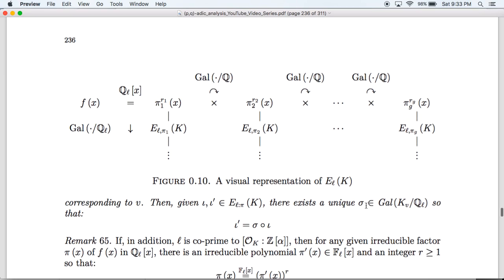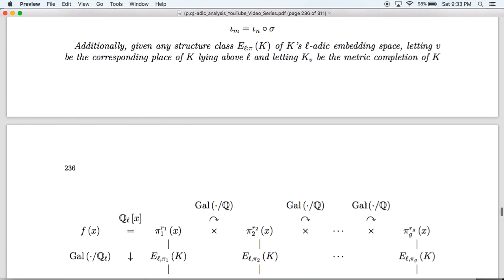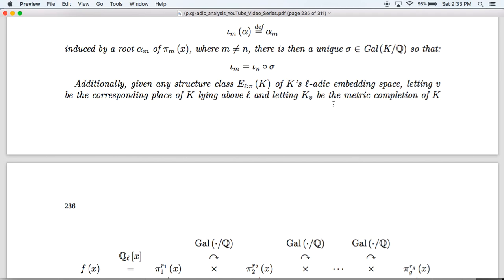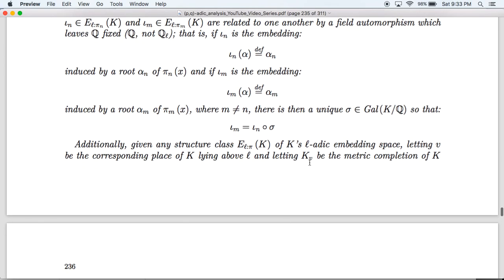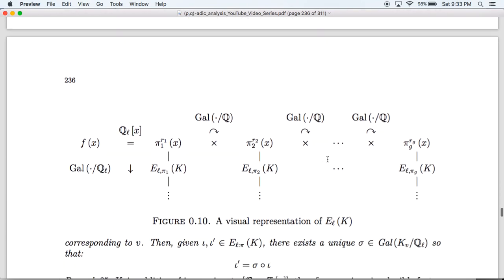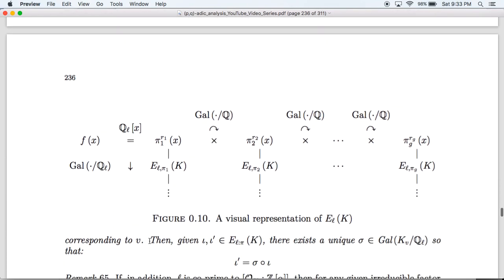As we saw in that example with Q adjoined root 2, there's the idea that the completion exists as its own thing, but then there are multiple ways to embed into it. And so letting v be the place of K lying above L, which corresponds to the factor pi of F(x)'s irreducible factorization over Q_L[x], we write K_v, recall, to mean the metric completion of K with respect to an absolute value corresponding to v.